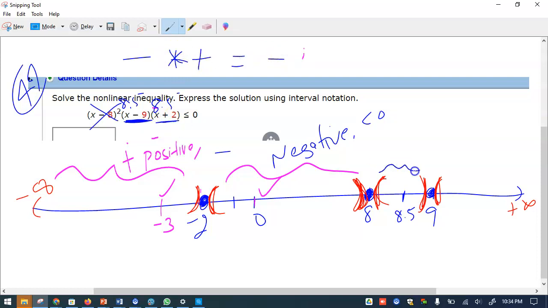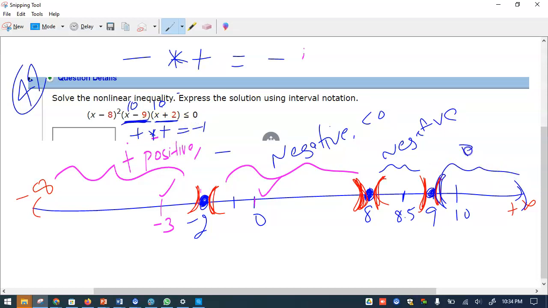And then finally, to the right of 9, you can put 10 there. All this work has to be shown in your notebook. So you put a 10 and a 10. 10 minus 9 is positive, and 10 plus 2 also is positive. So positive times positive is positive.